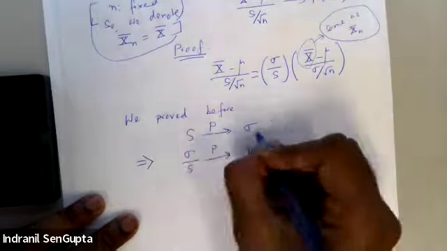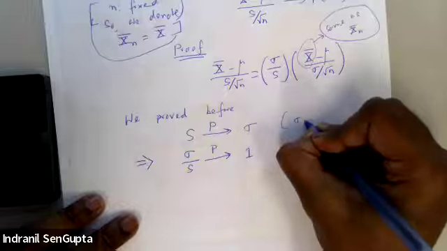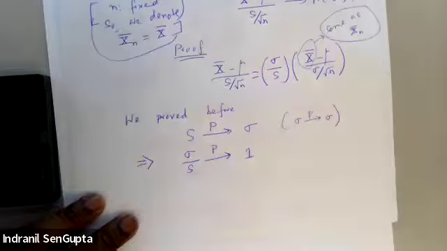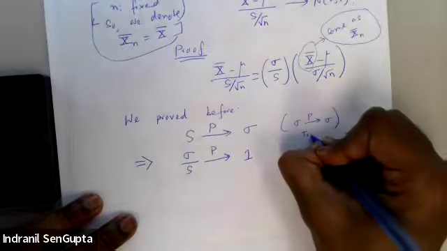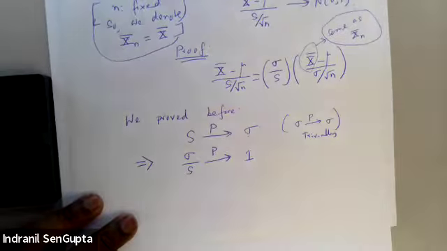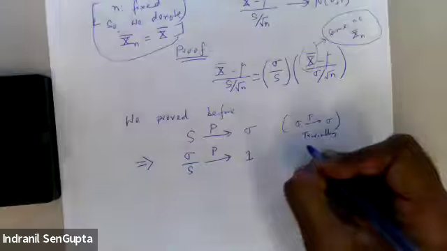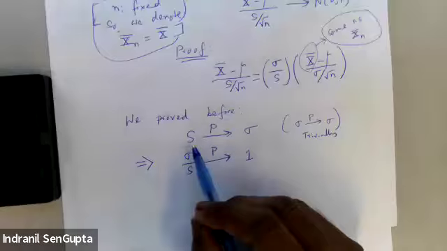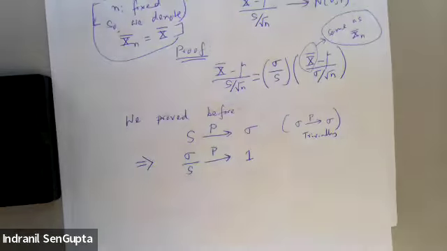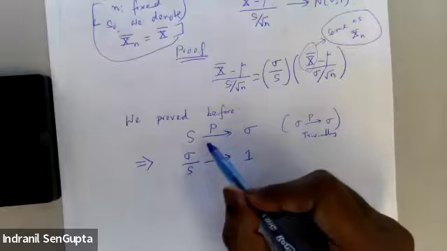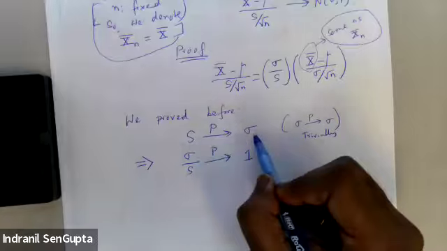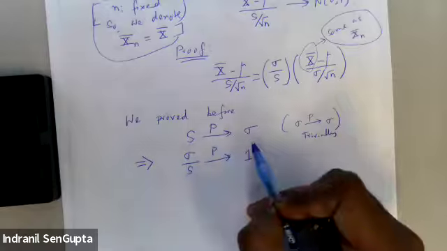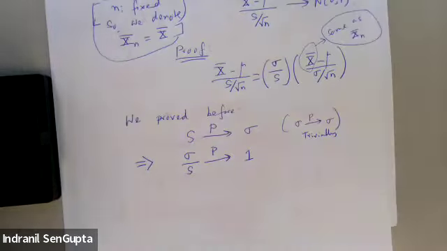For instance, we can write sigma is converging to sigma trivially, and then 1 over sigma is converging to 1 over sigma trivially. And then remember that if a sequence xn is converging to x and a sequence yn is converging to y, then xn times yn is converging to x times y. That is something we studied in the 8th lecture.